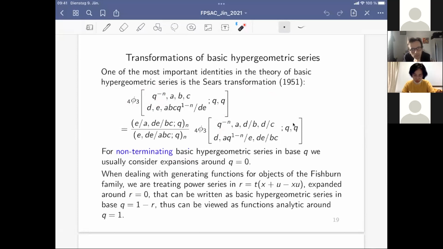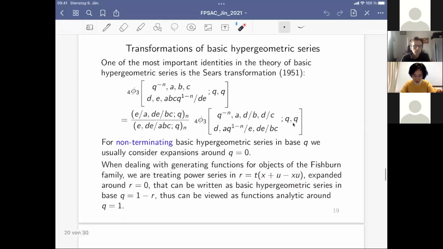But here, in terms of the generating function for the Fishbone family, we always encounter the power series in R, which equals T times X plus U minus XU. T is the size or length of the sequence, and this is a factor. And we always expand this series around R equals 0. This corresponds to a basic hypergeometric series in base Q around 1. So instead of Q around 0, here it is about Q equals 1 in the context of Fishbone structures.